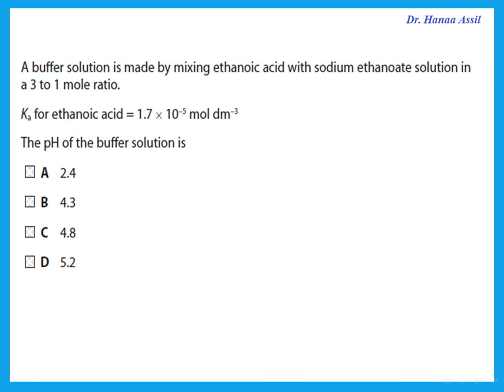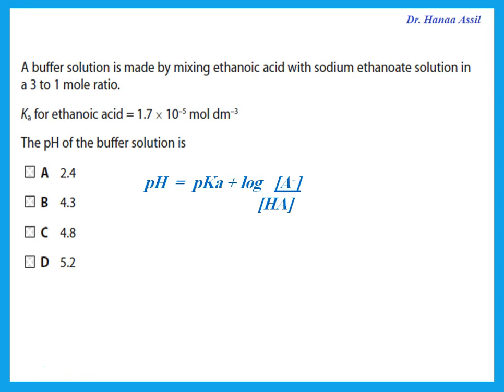So let's take a look at this question. A buffer solution is made by mixing ethanoic acid with sodium ethanoate in a 3:1 mole ratio. And he gives me the Ka for ethanoic acid. What would be the pH of the buffer solution? Okay. The equation is pH is equal to pKa plus log of A minus over HA.